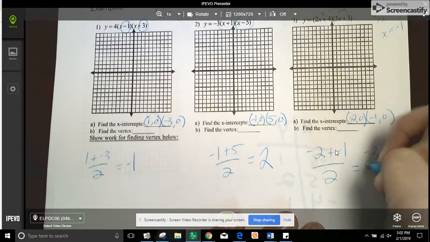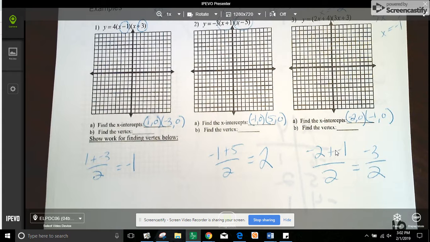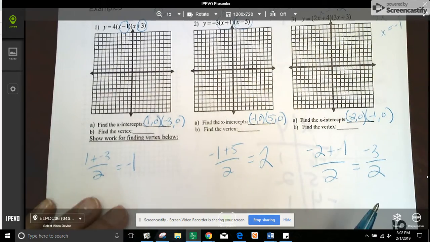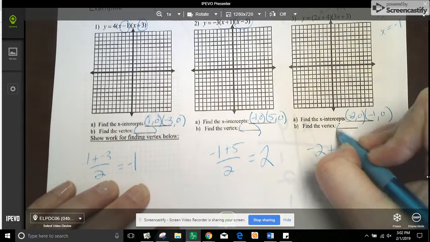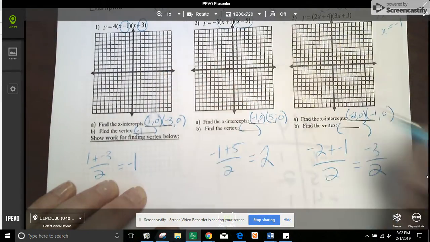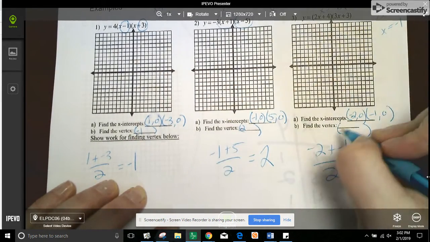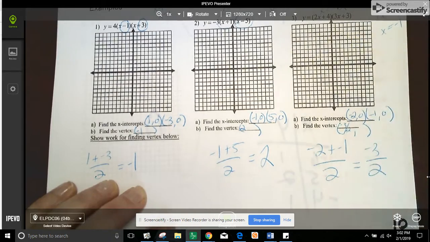Just watch your signs. That's why I said use your calculator. Like negative plus a negative divided by a positive, just be aware. All right, so those are your x-coordinates of your vertex. Like I said, sorry, these are so small. So negative 1's the x-coordinate, 2, negative 3/2. Okay.